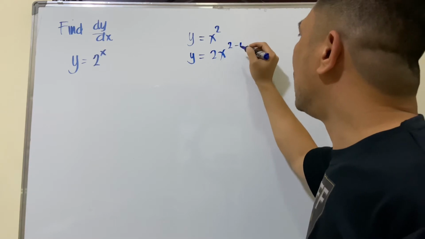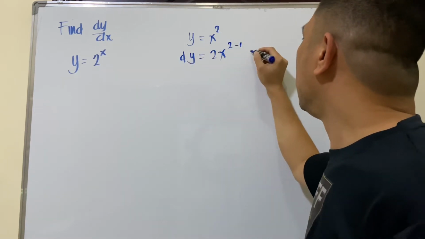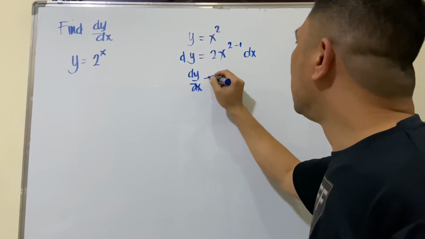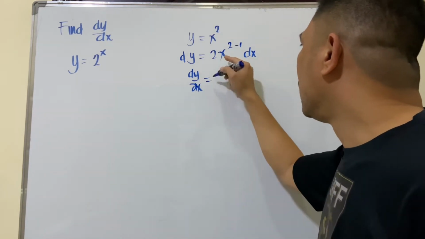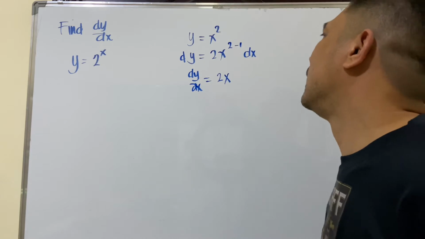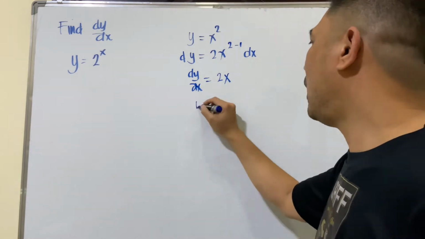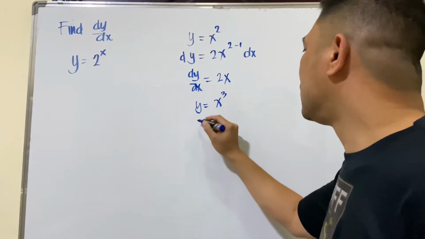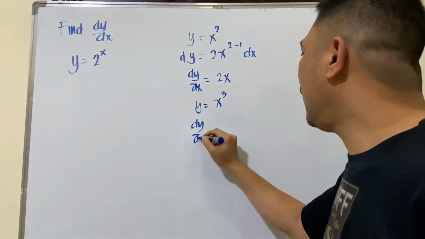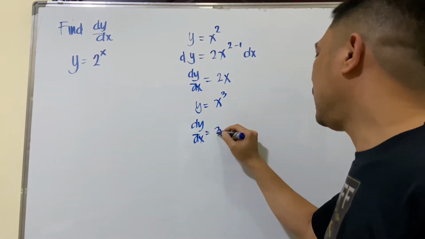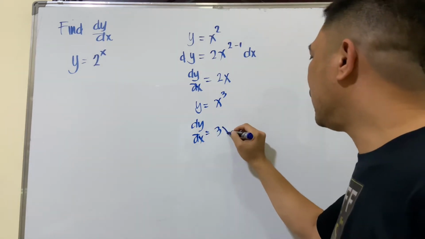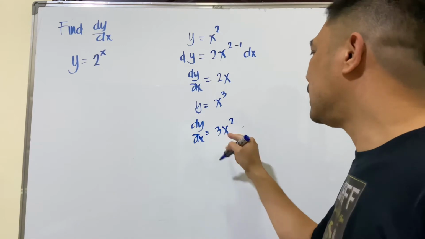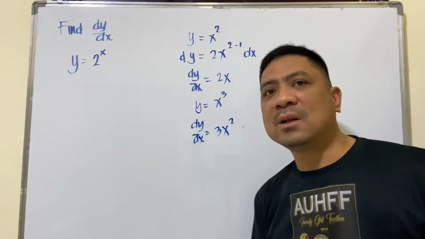So 2 minus 1, and dy over dx will be equal to 2x. Similarly, if you have y is equal to x cubed, dy over dx is equal to 3x, 3 minus 1, that is 2. So this is the derivative of y is equal to x cubed.